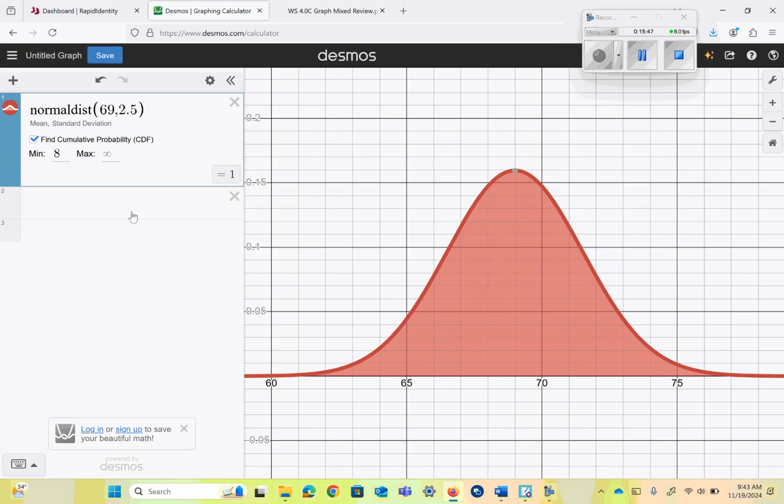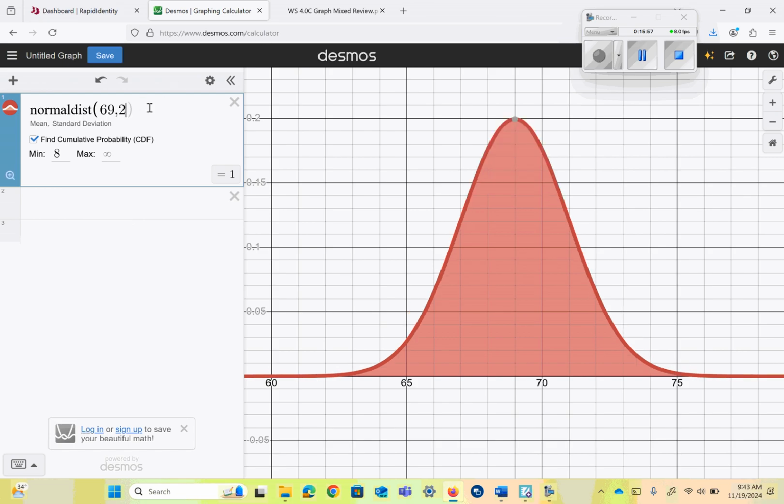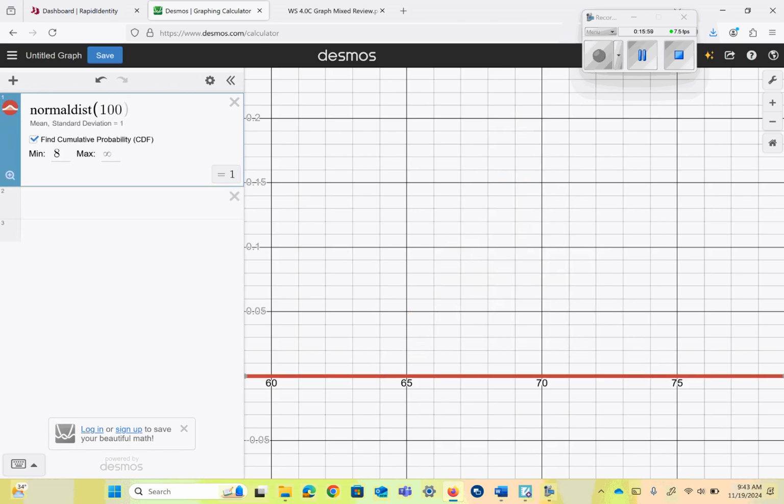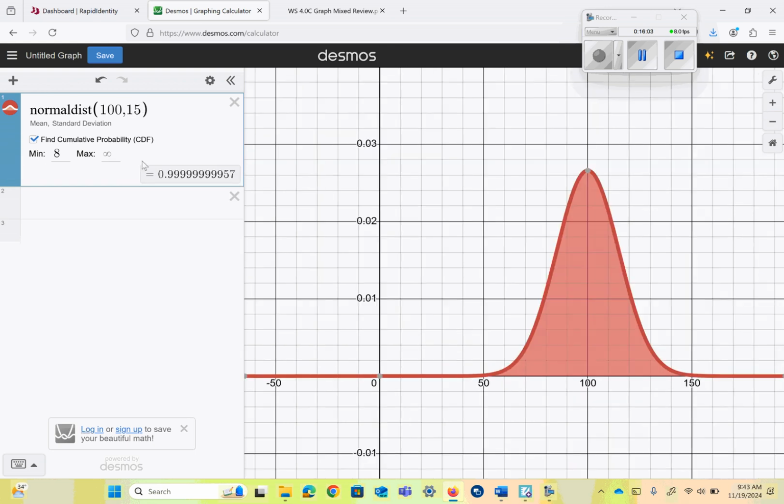Okay, so if you were to look on here and you plug in the 100, 15, it's going to work nicely for you. So I have a mean of 100, standard deviation of 15. And then I'd say, what if someone were to obtain an IQ of 109?